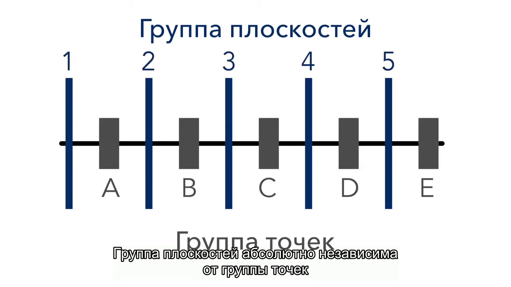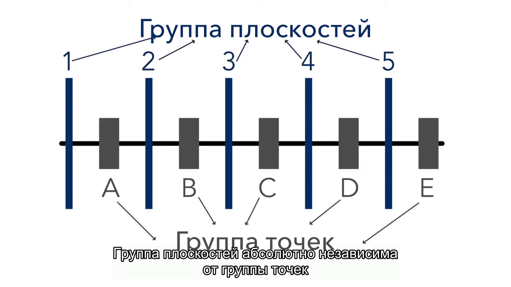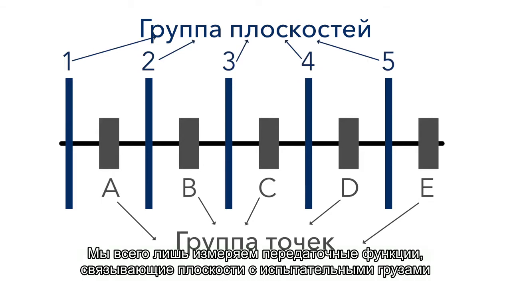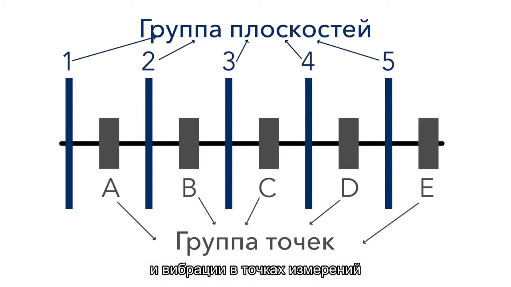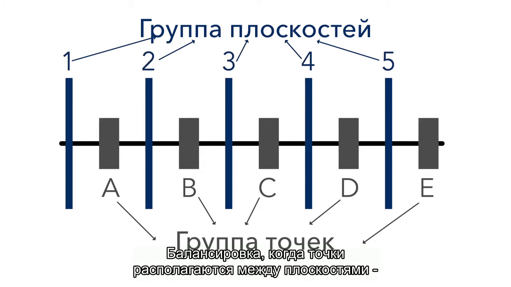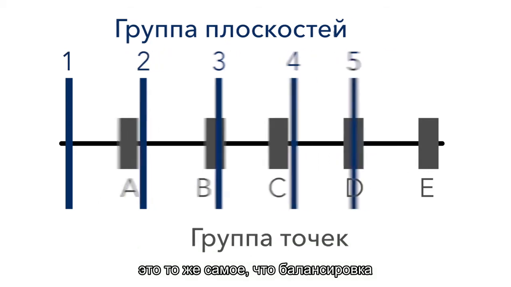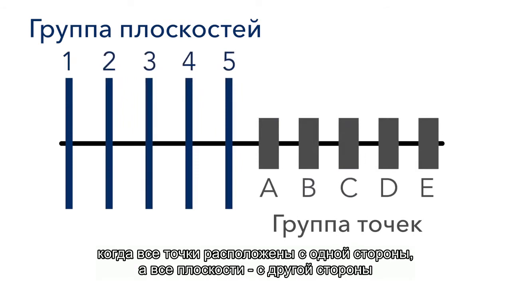The group of planes is absolutely independent of the group of points. We just measure the response functions between planes with trial masses and vibrations on points. The balancing when points are between planes is the same as balancing with all points on one side and all planes on the other side.